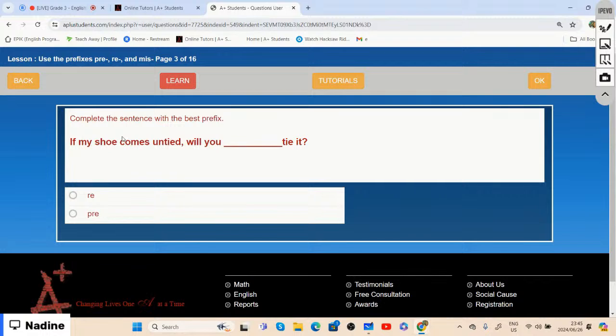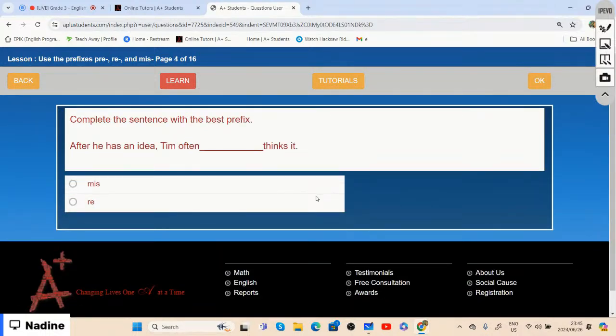Are you going to tie it again, which is retie, or tie it before, which is pre-tie? All right. So if we were to choose the correct one, then yes, we would say I would re-tie it.